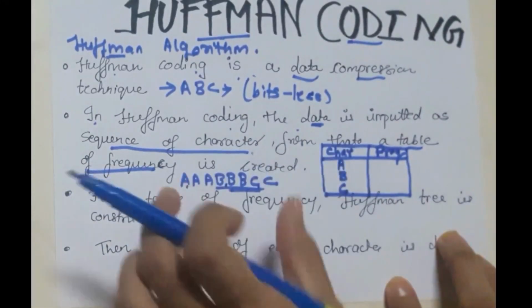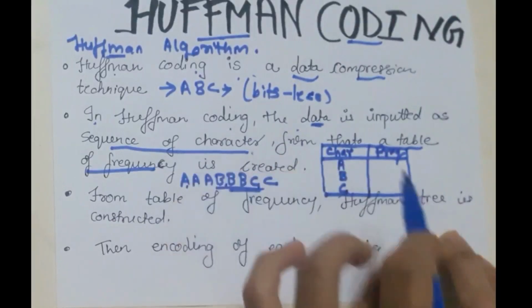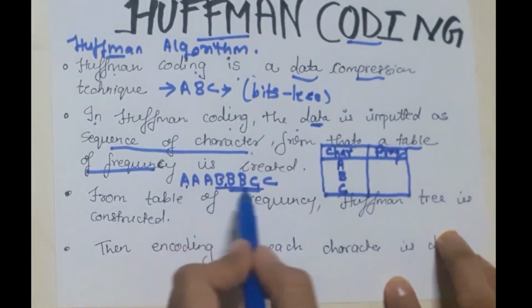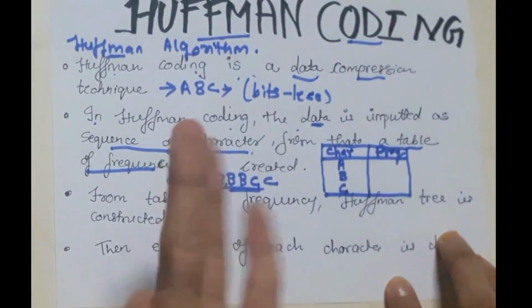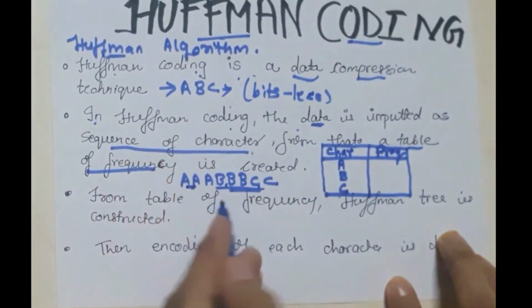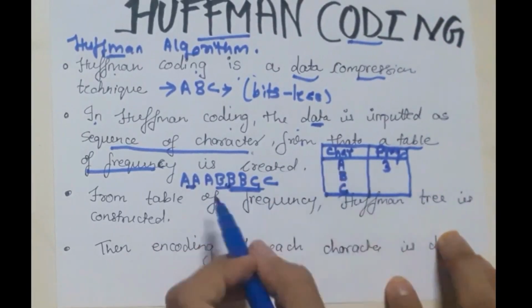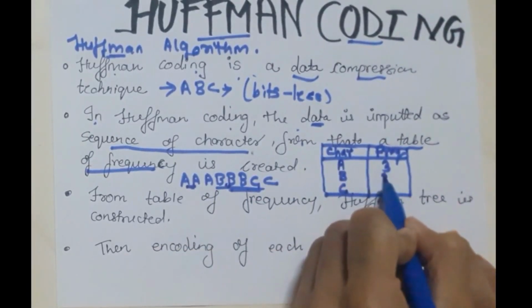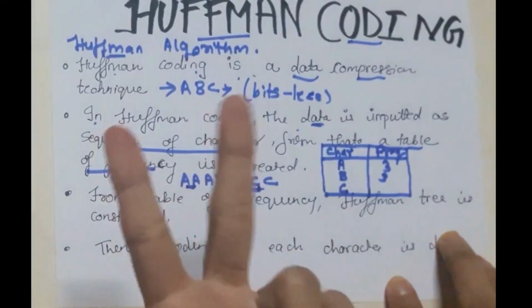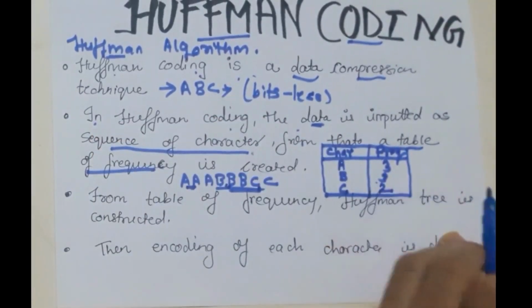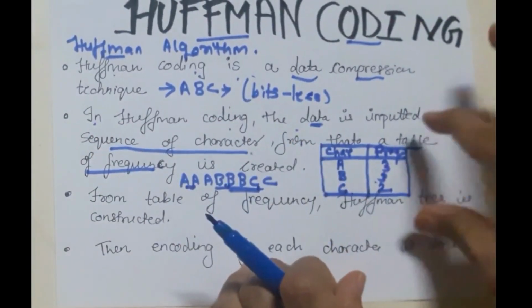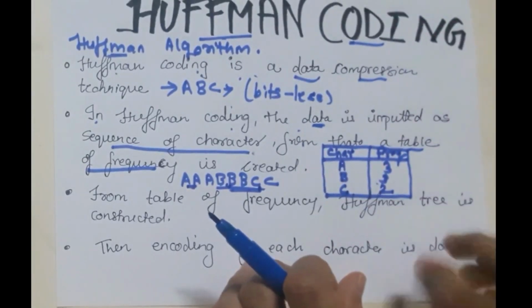Here in this sequence A has occurred 3 times, so frequency of A is 3. B has occurred 3 times, so frequency is 3. And C has occurred 2 times, so frequency is 2. Like this, a table of frequency is created.